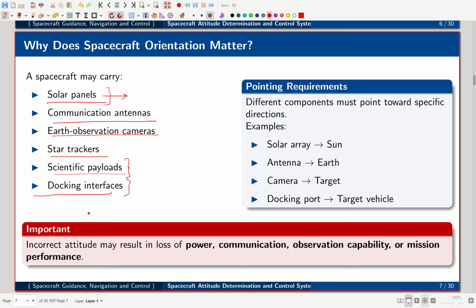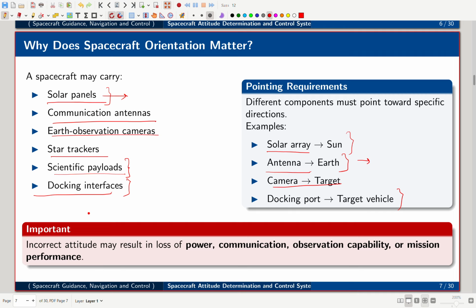Pointing requirements: different components must point toward specific directions, like the solar array towards the sun and the antenna toward the earth, then only can communication be established. The camera must target, and the docking port must point toward the target vehicle.